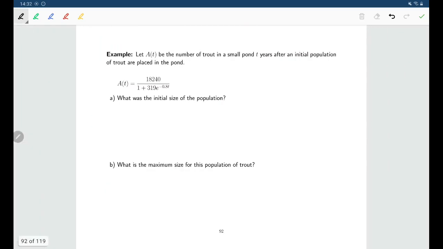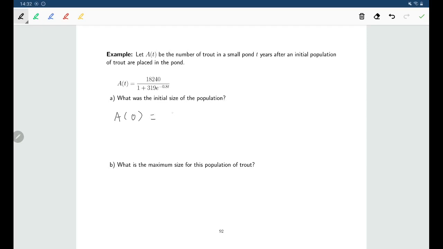All right, so here we've got an example of a logistic equation. If we're looking at A of t, this is representing the number of trout that we have in our pond. So we initially stock a certain number of trout in the pond when time is 0, and then after a while our population will grow and there'll be some sort of maximum population size. So first off, the initial population size, that's the y-intercept, that's our population when time is 0.